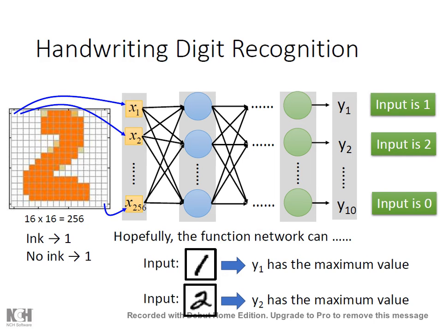Hopefully the network can, if the input is the image of a 1, have the Y1 neuron with the maximum value. If the input is this image, we hope the output Y2 here will have the max value.